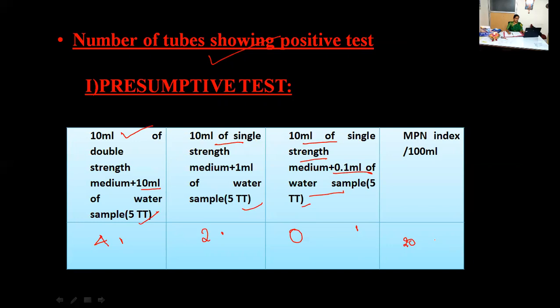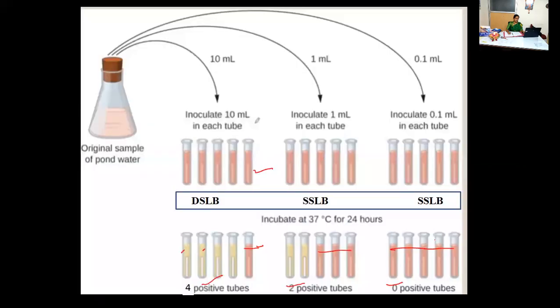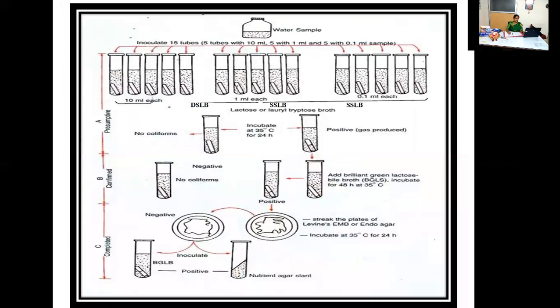So this is all about the presumptive test. Hope you understood. Here you can make out this pictorial representation, which you usually get in the spotter, and you must identify it. This is the water sample, and this is the 10 ml of DSLB, which can be seen here.